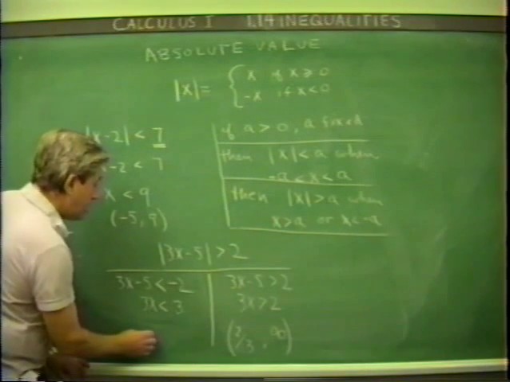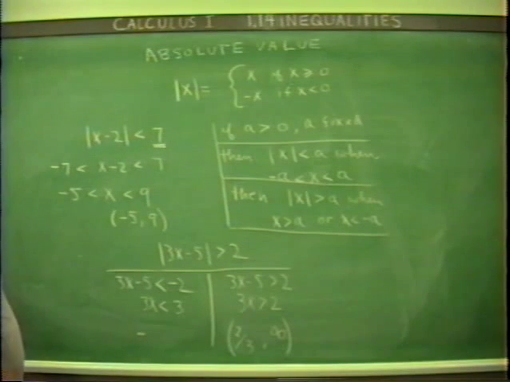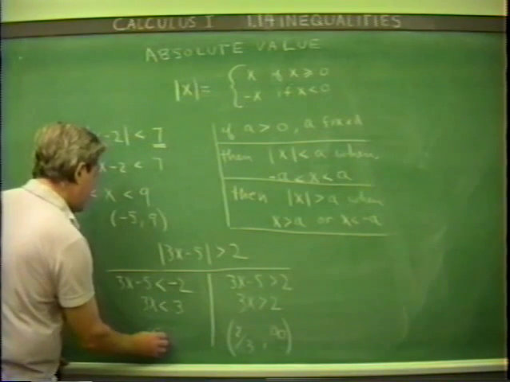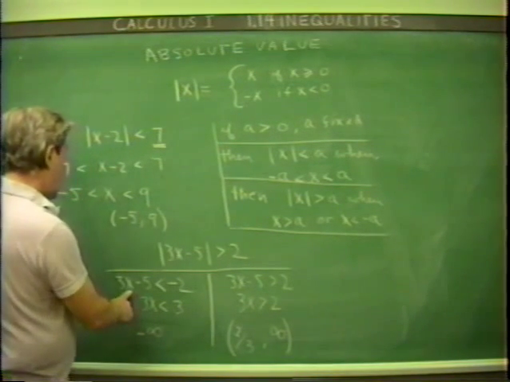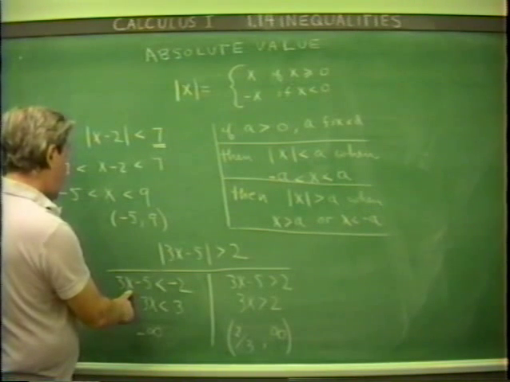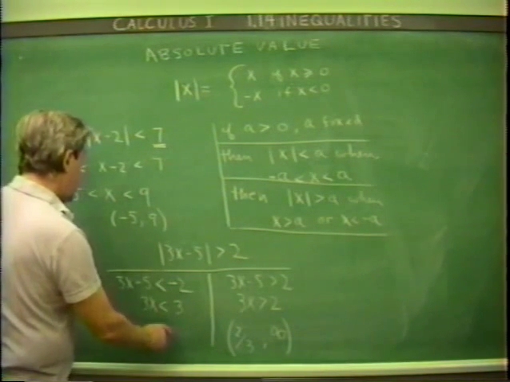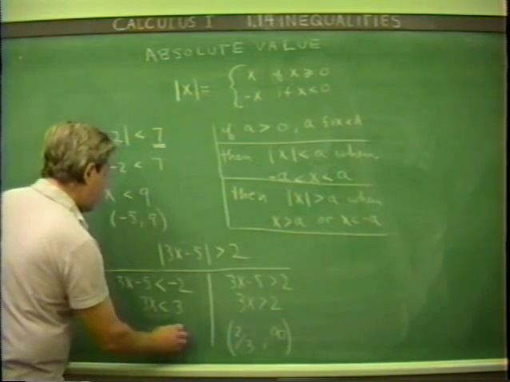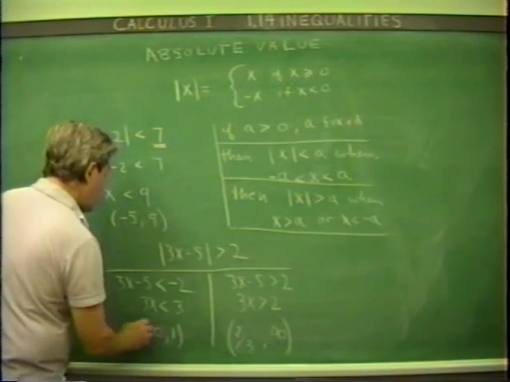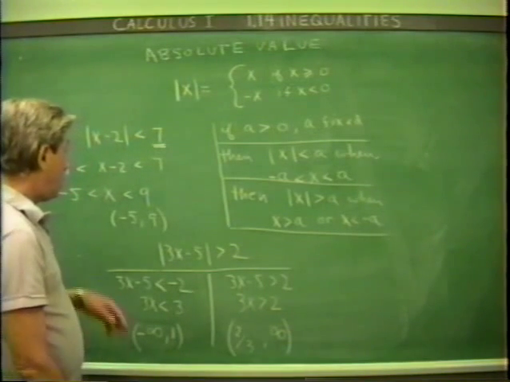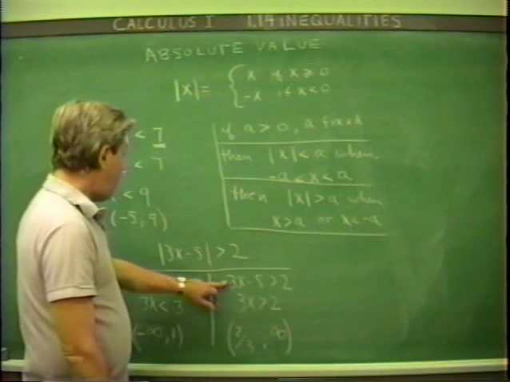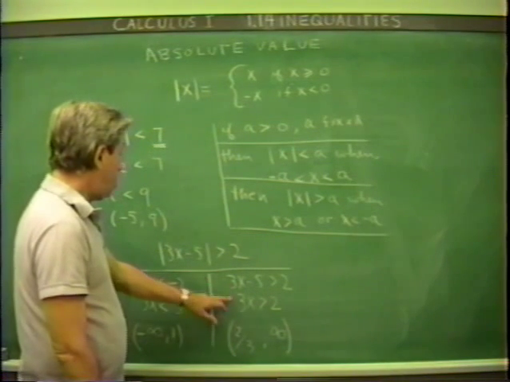This case here holds, again adding 5, when 3x is less than 3, or when x is less than 1, or from minus infinity to 1. Let's check this here. Adding 5, we have 3x less than 3, or x less than 1, minus infinity to 1.